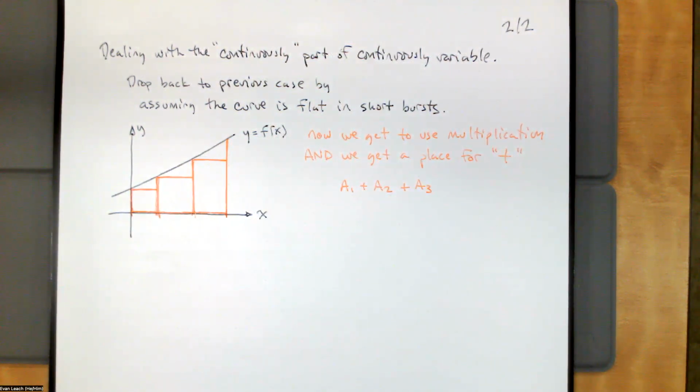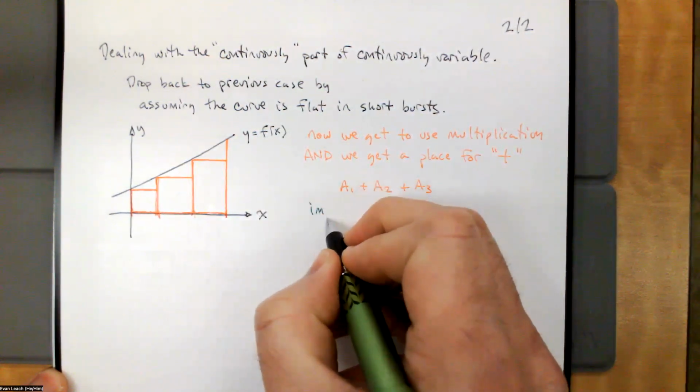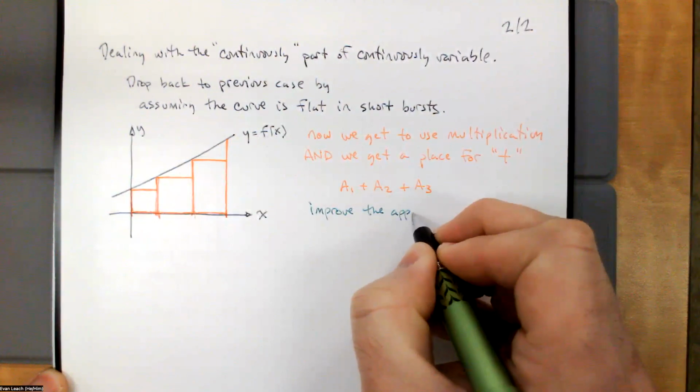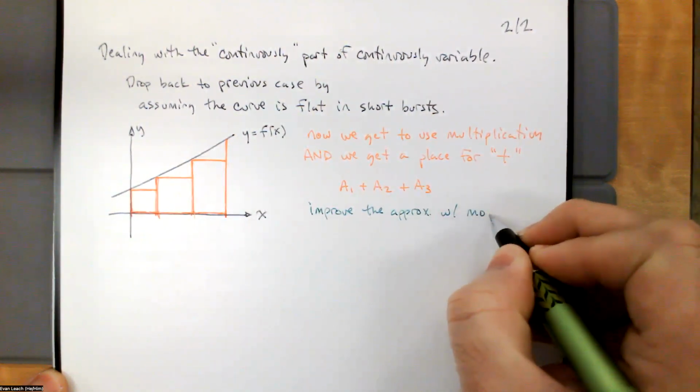We can get more of that area by increasing the resolution, that is, using more rectangles. So, improve the approximation with more rectangles.